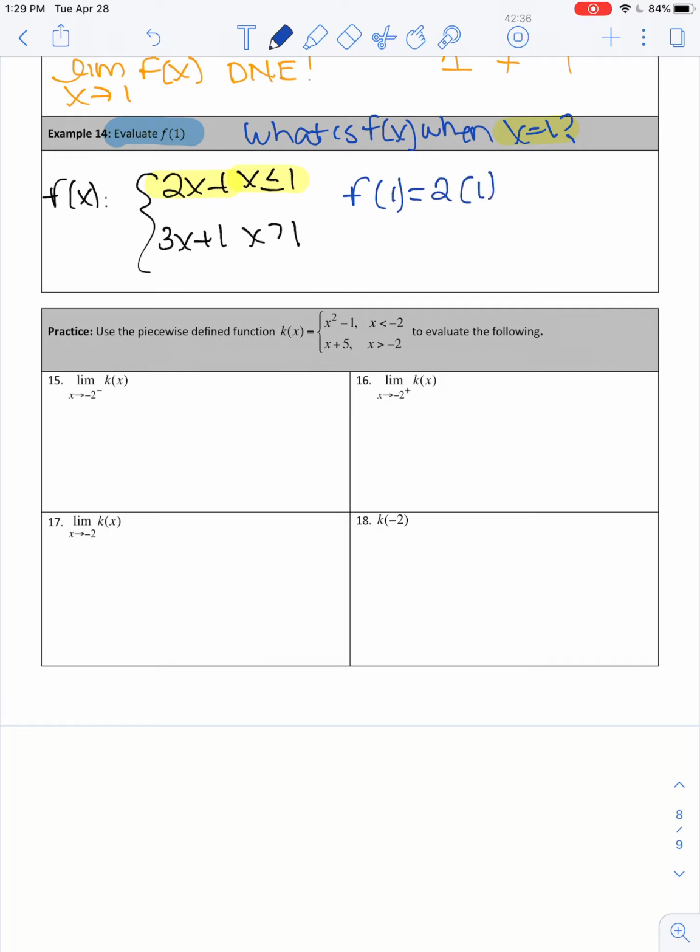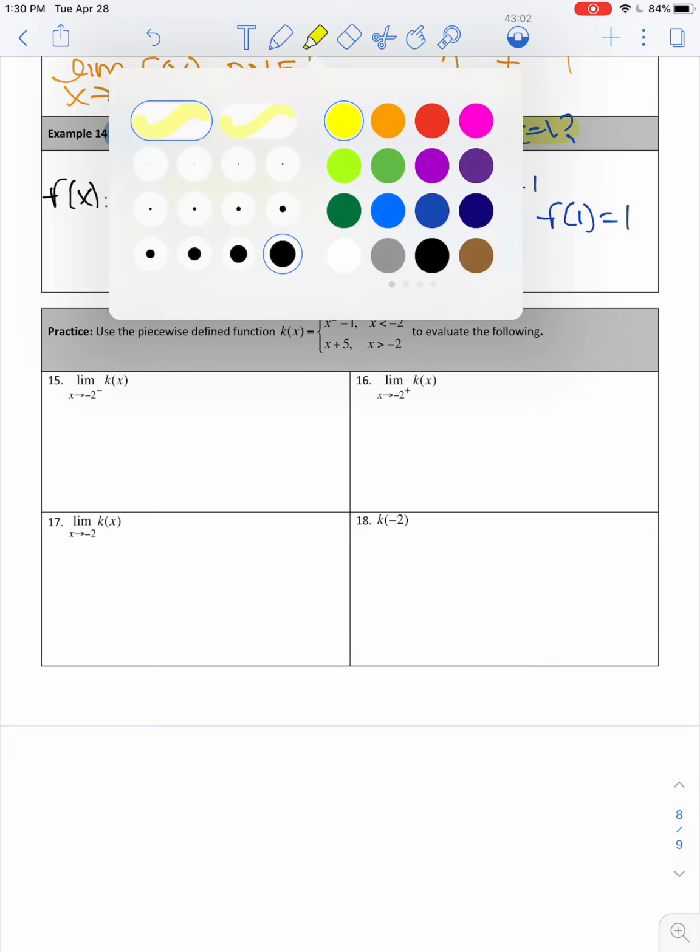So that will become 2 times 1 minus 1, which is equal to 2 minus 1, which is simply equal to 1. Notice because our domain restriction here does not include 1, we would not want to plug it into 3x plus 1. So this tells us that the value f of 1 is equal to 1.